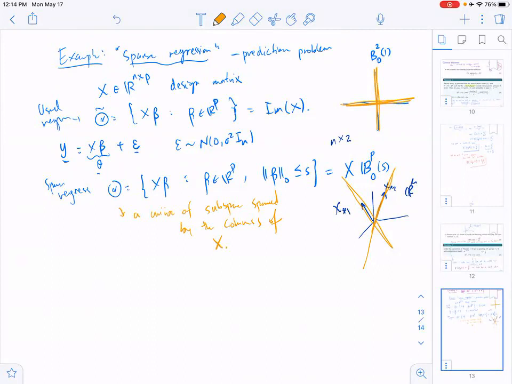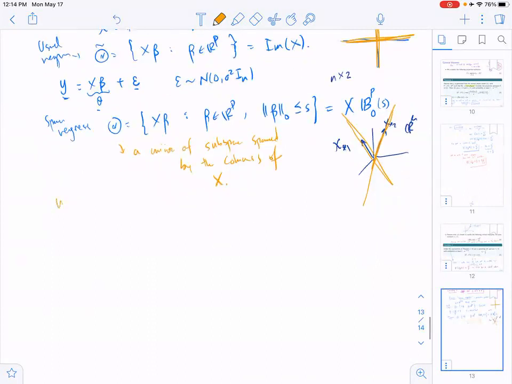Okay, and then if I look at theta of theta star, so this would be like a beta star, this would be theta star, that would be theta minus theta star. And then this would be like X B0 of S minus beta star.